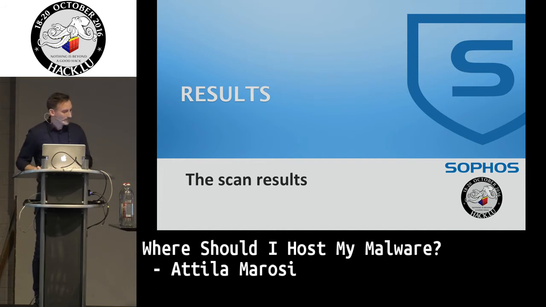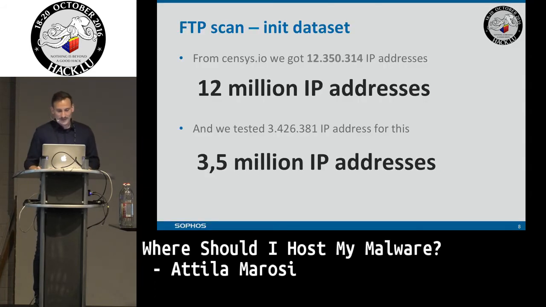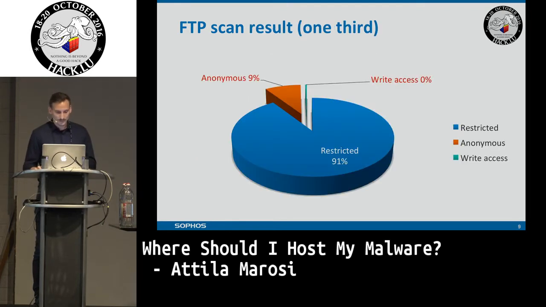So, more about the details. From Censys, we got more than 12 million IP addresses which belong to FTP services. We didn't want to test all of them, so we took just 3.5 million to test, because this process is not so fast, and we just wanted a big set of them.